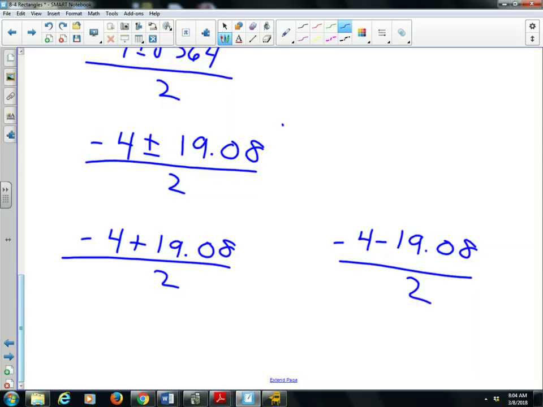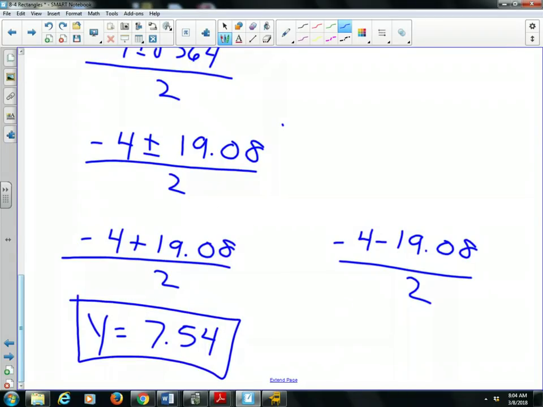If we take negative 4 plus 19.08 and divide that by 2, we get 7.54. y equals 7.54. The other answer, negative 4 minus 19.08 divided by 2, is negative 11.54. y equals negative 11.54.